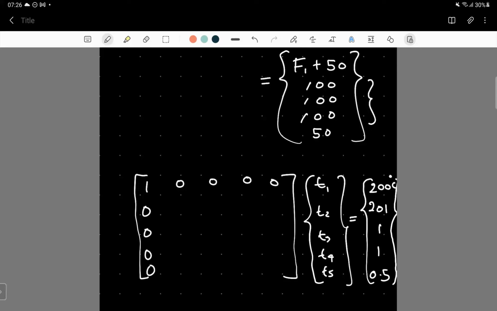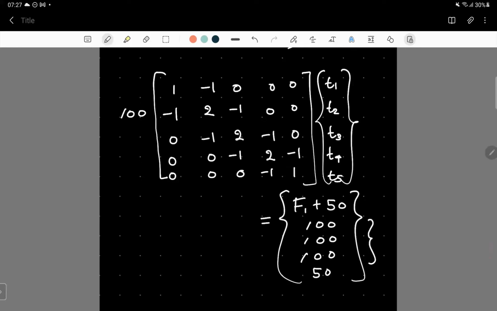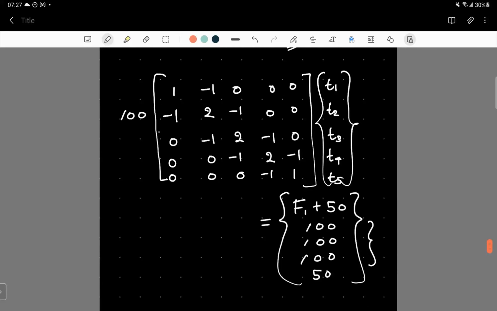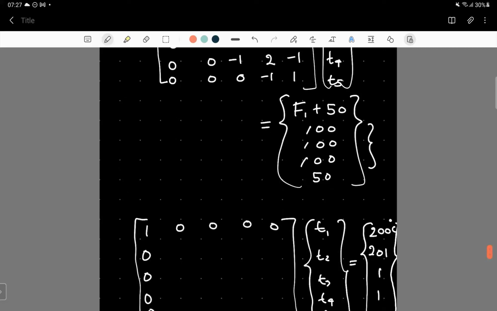Then the -1 which appeared here, of course the second term should be 200 plus 1, because there's always a -1 which appeared as the second element on the first column. So that is why it is 200 minus 200 plus 1, which is 201. So that is why you see the 201 sitting in the second column.